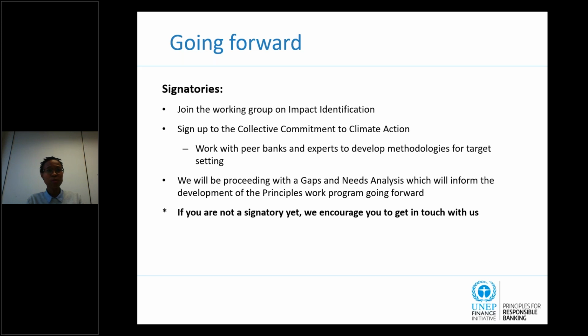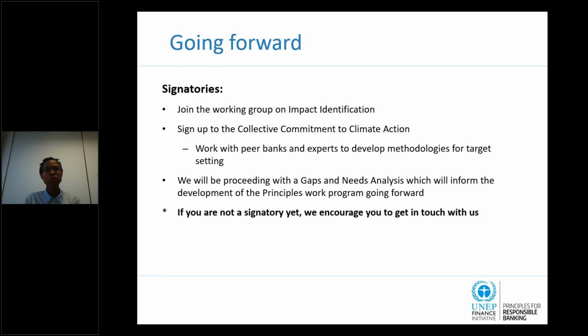As far as our work program is concerned, we will be proceeding with a gaps and needs analysis, which really means that we'll be sending a template around in roughly maybe about 2 weeks or so to the signatories for them to complete.